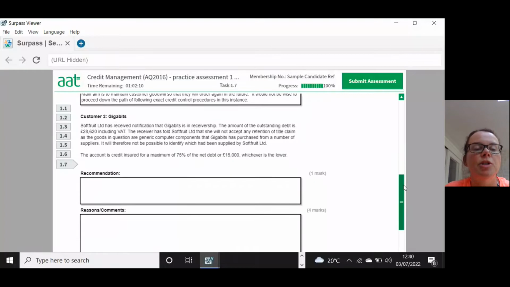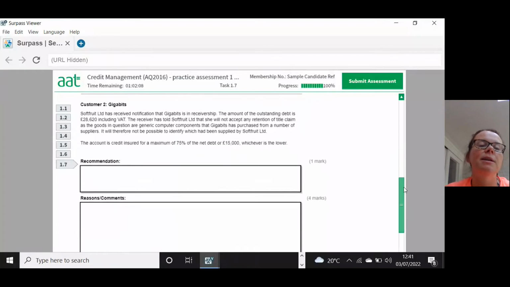Right, let's move on to number 2, Gigabit. Softfruit Limited has received notification that Gigabit is in receivership. The amount of the outstanding debt is 28,620, including VAT. The receiver has told Softfruit Limited that she will not accept any retention of title claim, as the goods in question are generic computer components that Gigabit has purchased from a number of suppliers.